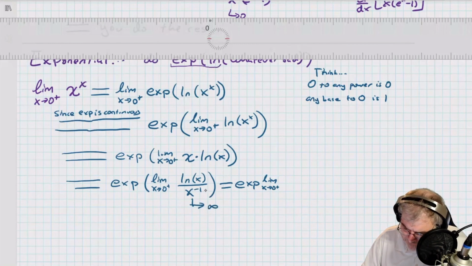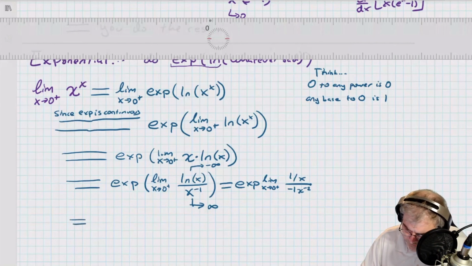This now goes off to infinity. That goes off to negative infinity. I'm going to get the limit as x goes to 0 of the derivative of the top, 1 over x, over negative 1 x to the negative 2.